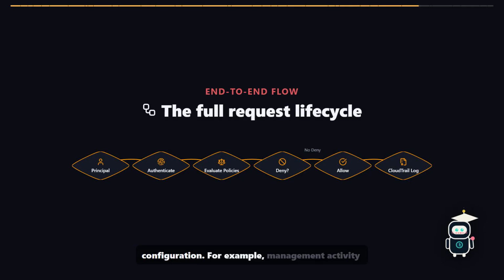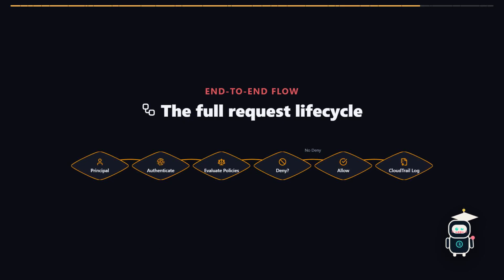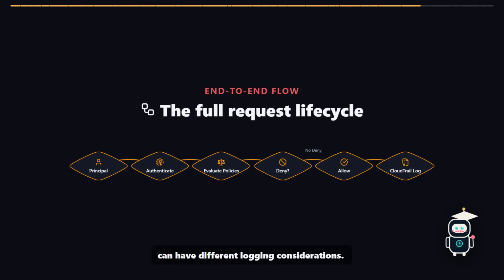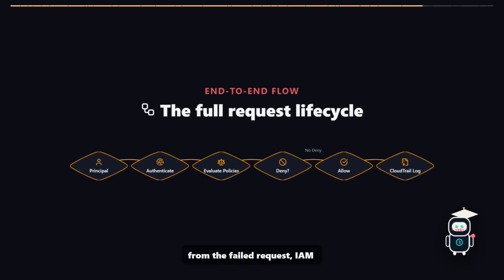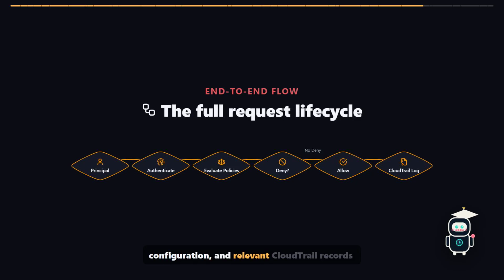For example, management activity and certain resource-level data activity can have different logging considerations. So when troubleshooting an authorization problem, use the information available from the failed request, IAM configuration, and relevant CloudTrail records to reconstruct what happened.